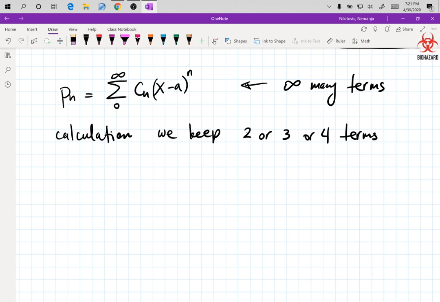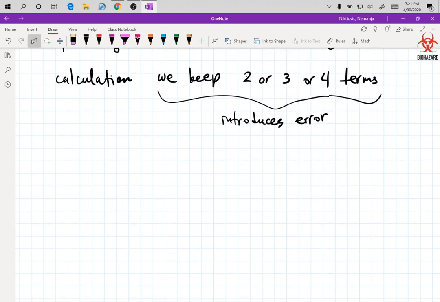And we throw away the rest. So this introduces error. Because what have we done? We threw away terms, and because we threw away terms, those terms are not calculated in, and then there is error, right? So now, most of the error is concentrated in the first term you throw away.